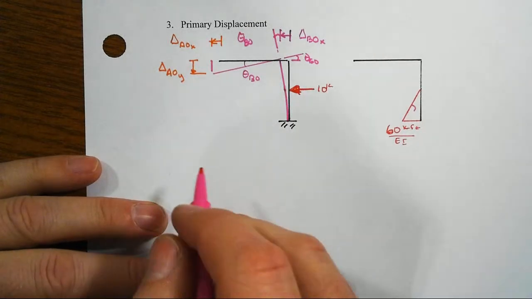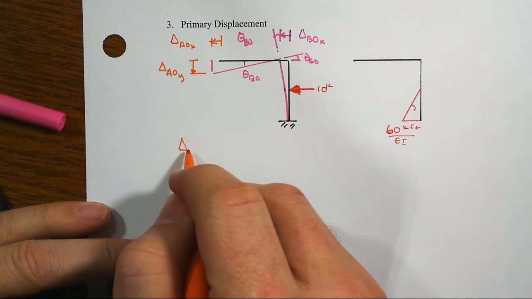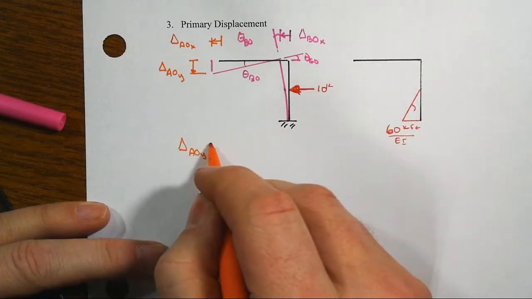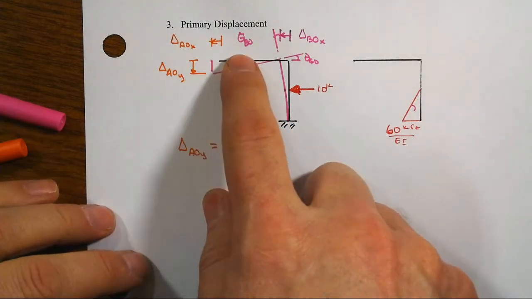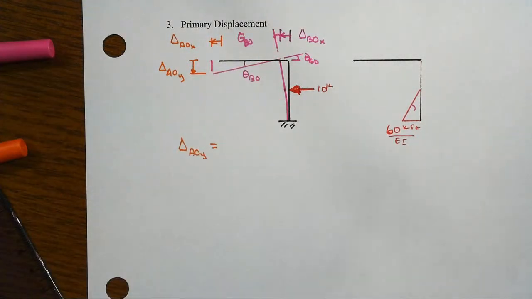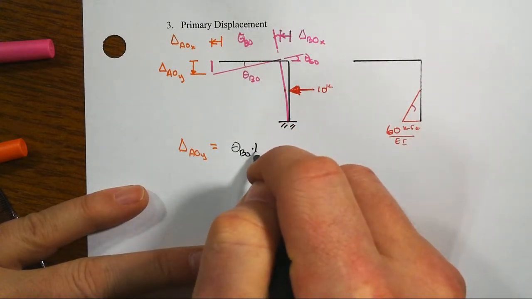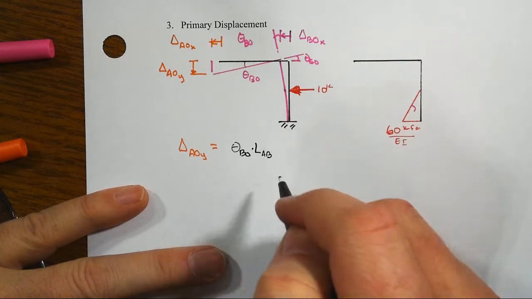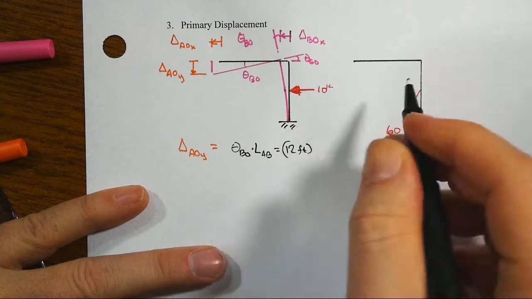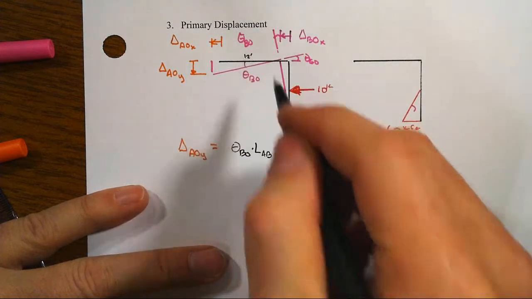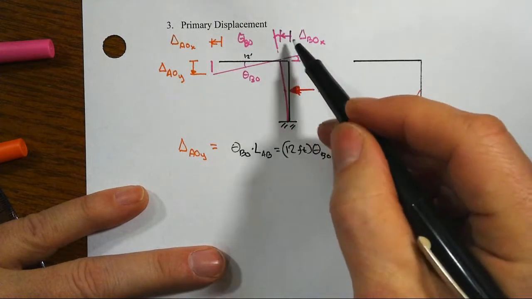That tells us strategically then that the value that we're seeking initially here, delta A0, is just going to be equal to this right triangle relationship. Opposite over adjacent is tangent, and since it's small angles, then tangent of theta B0 is about the same, so theta B0 times that length of that member is going to be all we have there, and that's going to be 12 feet. That's the length of our member times theta B0, which we can go find back over here.